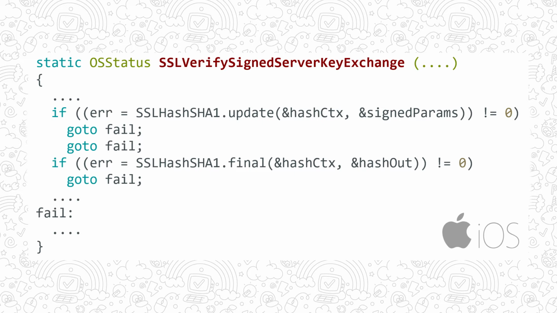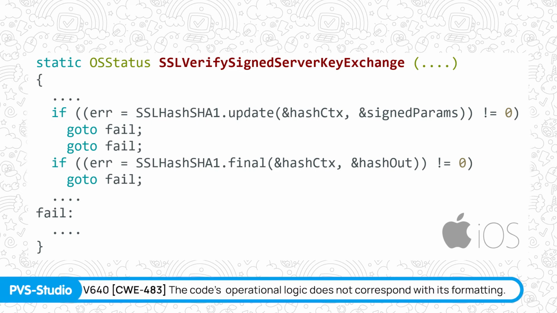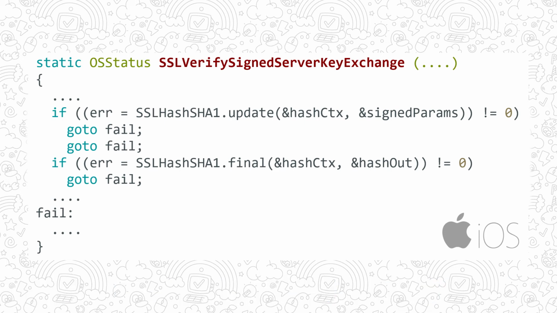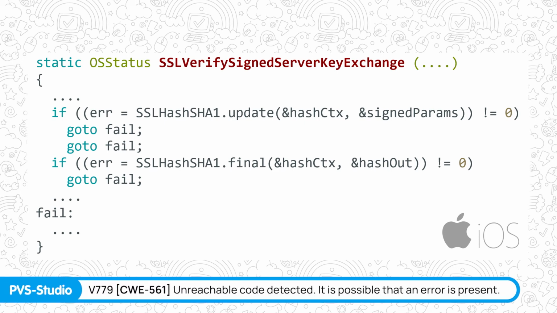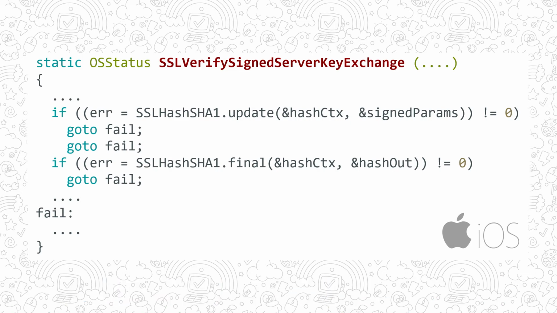We see that the goto operator is used twice by mistake, and the second goto is unconditional. As a result, part of the code became unreachable. The analyzer can also warn us about this error by issuing warnings. Thus, this real vulnerability could have been prevented by fixing this error at the stage of writing the code.